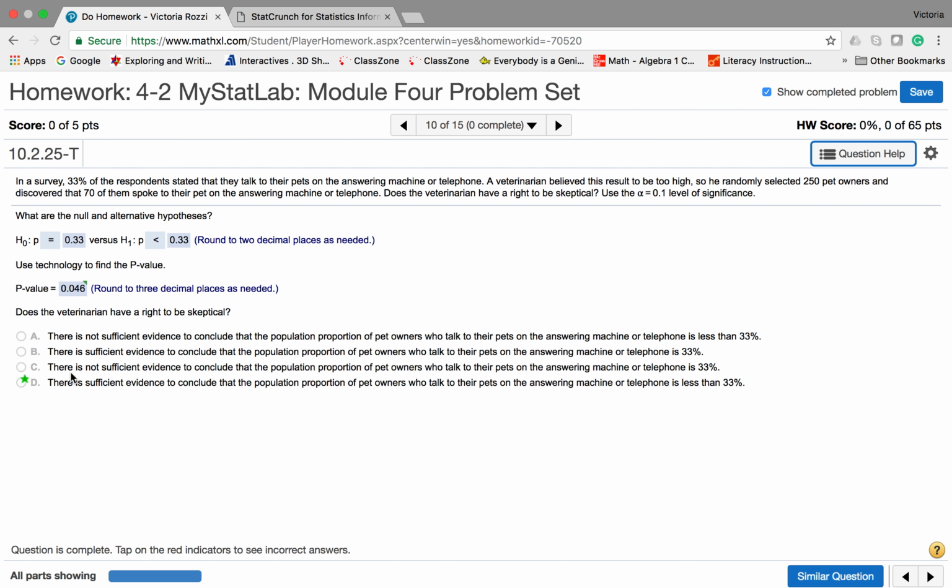Okay. Letter C says there is not sufficient evidence to conclude that the population of pet owners who talk to their pets is 33%. Now, that is true. We actually have rejected H naught, right? But the claim was actually H sub 1, or the alternative hypothesis, right? So even though statement C technically is correct, there's not sufficient evidence to conclude that, we really want to speak in terms of the veterinarian's claim.